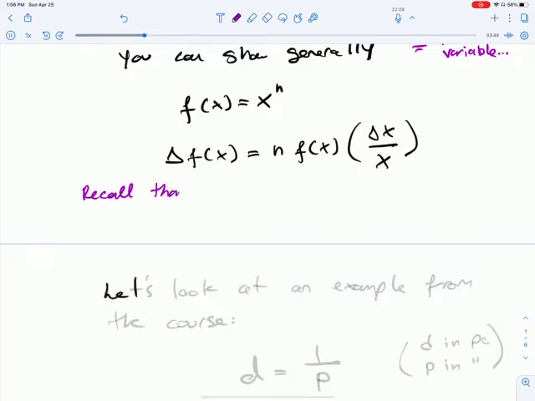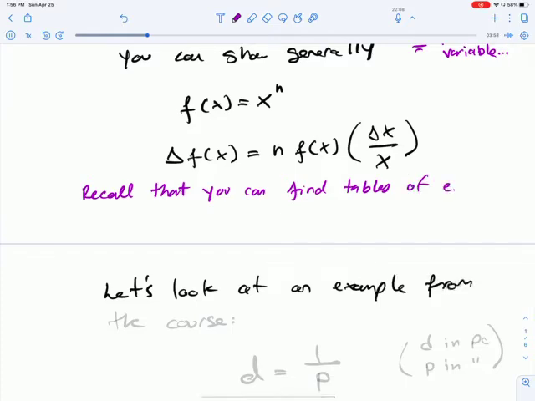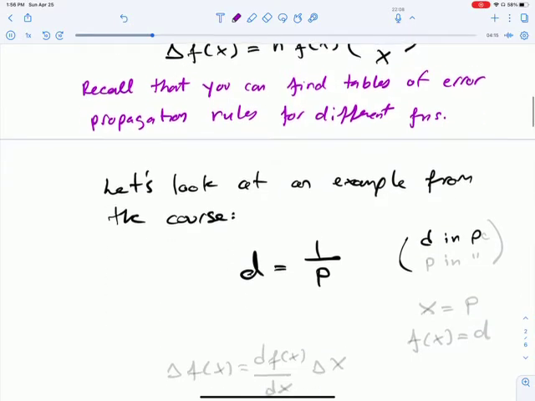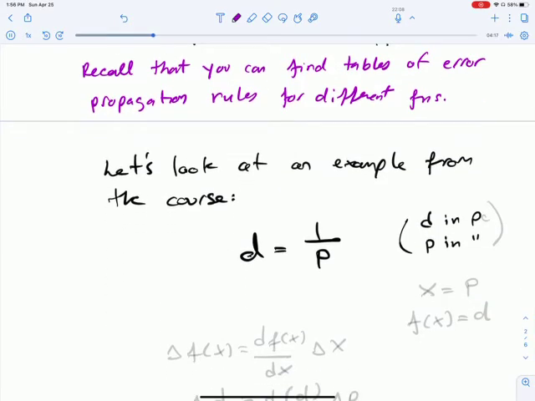Okay, so let's look at an example from the course. Here we're going to take the equation that relates distance and parallax. So distance is equal to 1 divided by parallax. Just as an aside, I'll remind you that this is d in parsecs and parallax in arc seconds for this particular form of the equation, but it doesn't really matter for the error propagation.